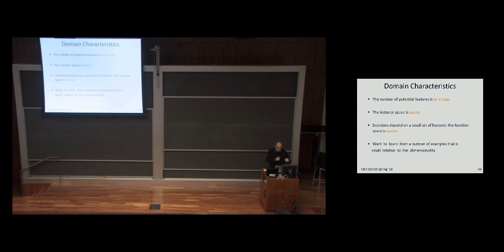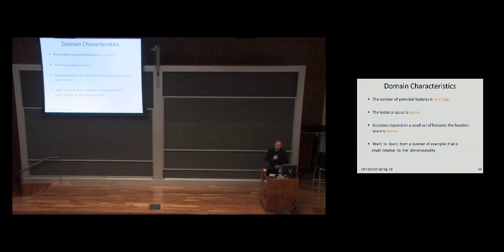Also, an independent claim: the decisions depend on a small set of features. So really, even though I extracted 100,000 features, I don't care about 100,000 features. The decision, whether this is going to be weather type 1 or weather type 2, the function itself, if you were to write it in the shortest possible way, it will be short.